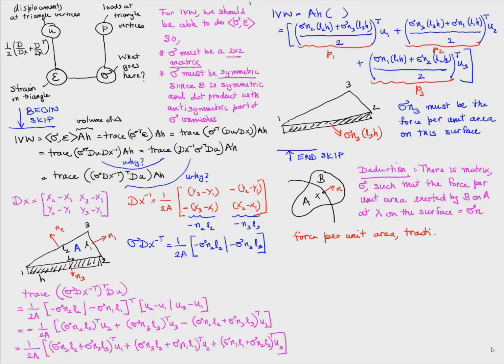The force per unit area, traction, T equals sigma times n. This is what the virtual work calculation has allowed us to deduce. In fact, this is the definition of stress.